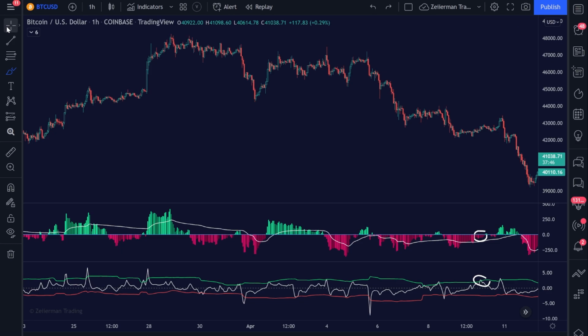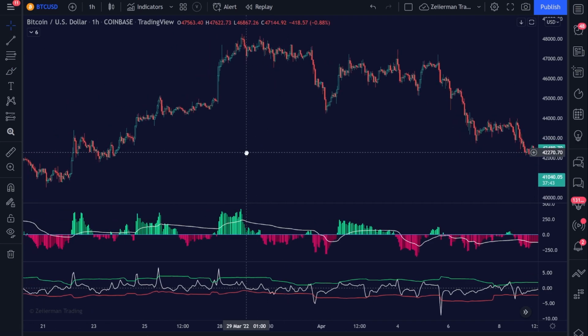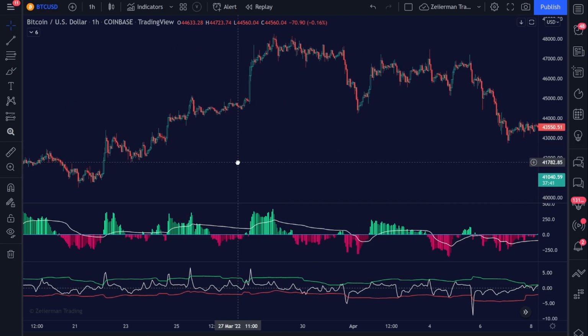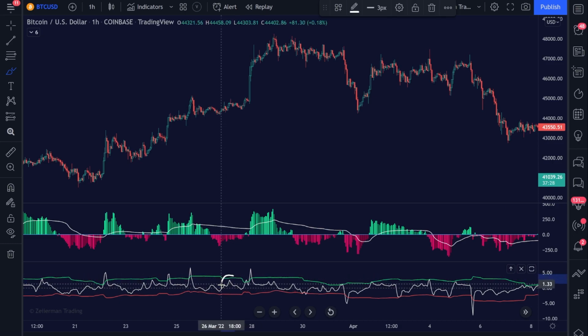Let's see if we can find another loss just for the sake of showing some losses as well. Yeah, maybe this one is also a loss. If you are an aggressive trader as I am, you can see that the volatility impulse indicator peaks approach the upper line, and we have negative volume delta, which tells me, hey, if you're an aggressive trader, you can enter short right when it peaks right there.